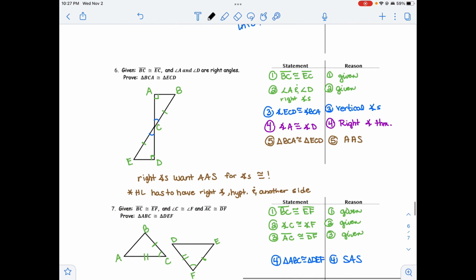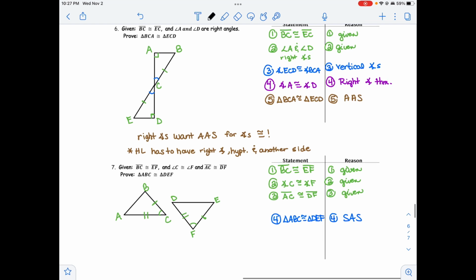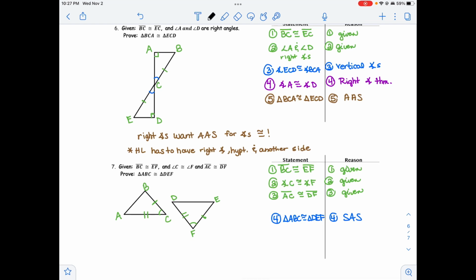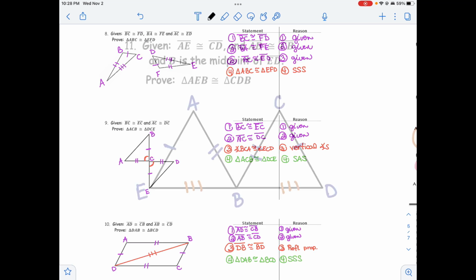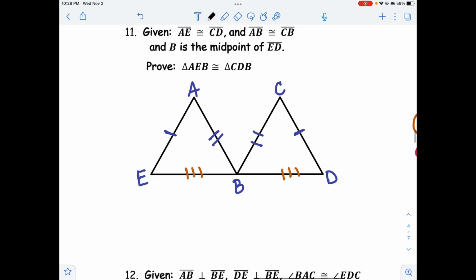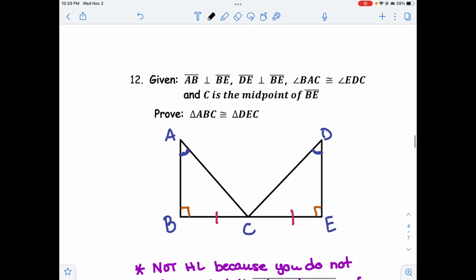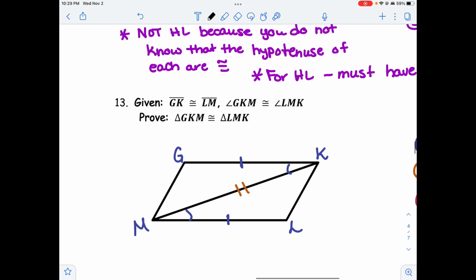Number 6, and then number 7. Here are your work problems for number 8, 9, and 10, proving congruent triangles. Here are your labels for 11, 12, and 13.